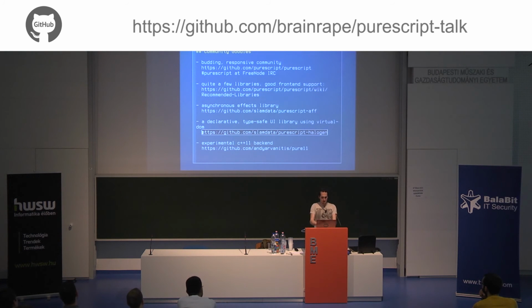You also have a nice way to write asynchronous requests and to escape from callback hell. Oh yeah, and there's an experimental C++ backend that has very high hopes. So you can finally run everything everywhere.